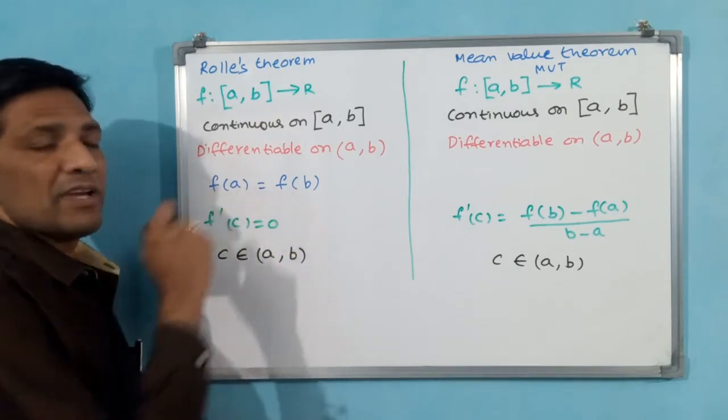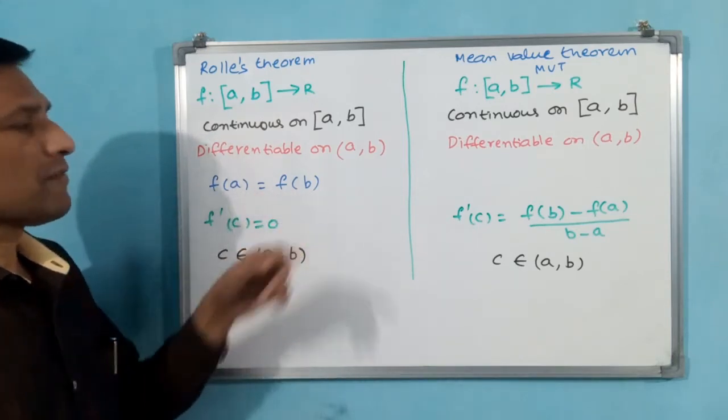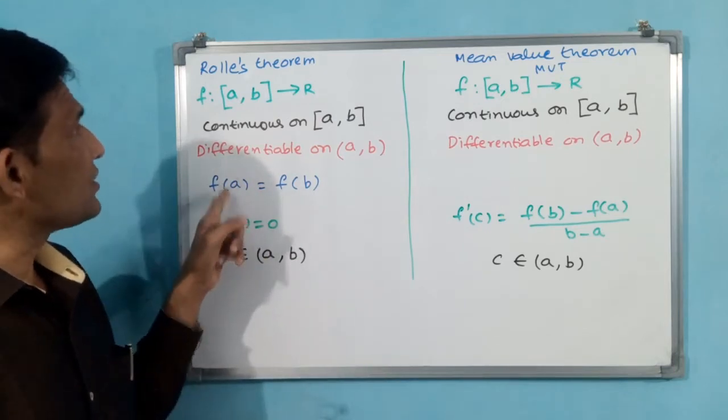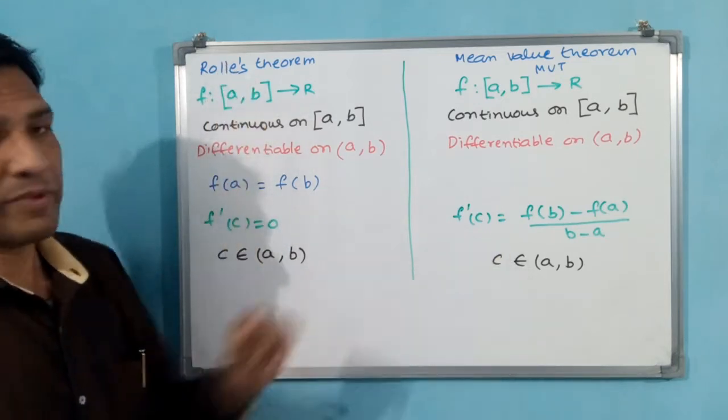f of a should be equal to f of b. This is very important. See, this condition is for Rolle's theorem, not for mean value theorem.